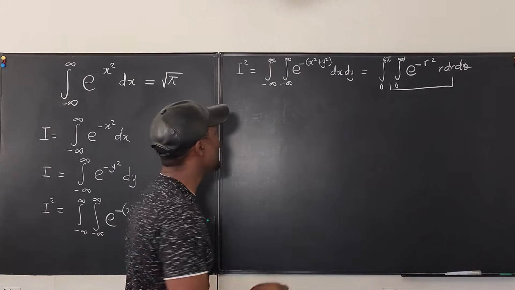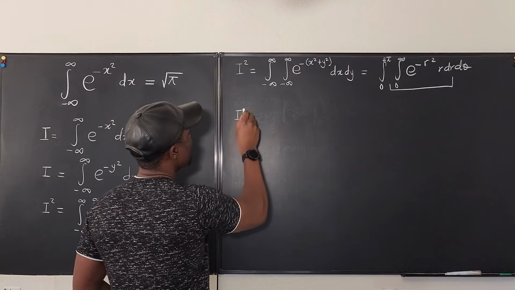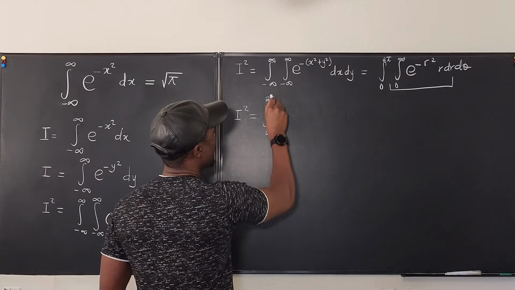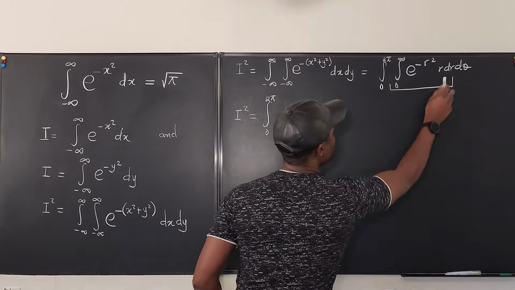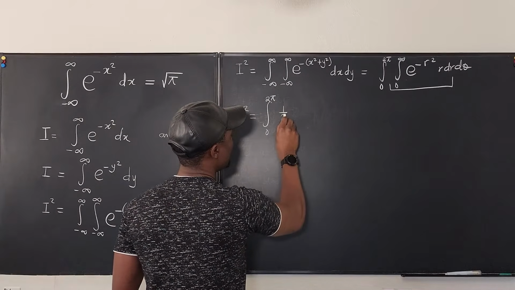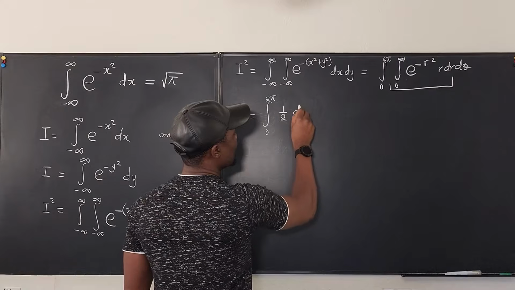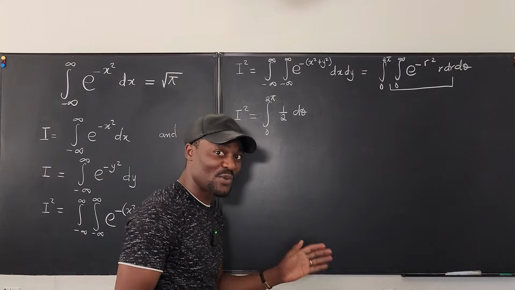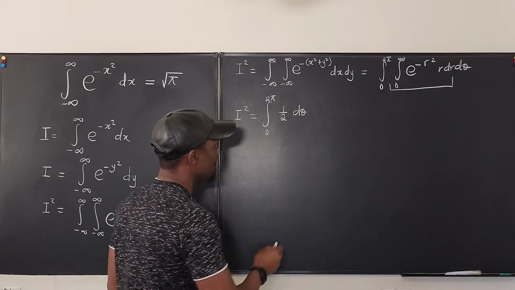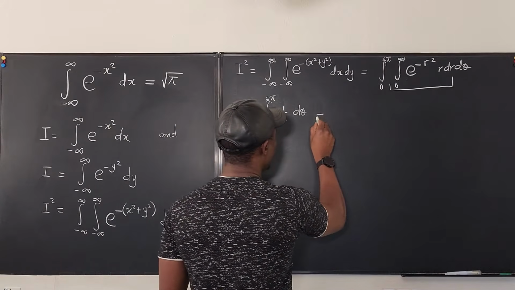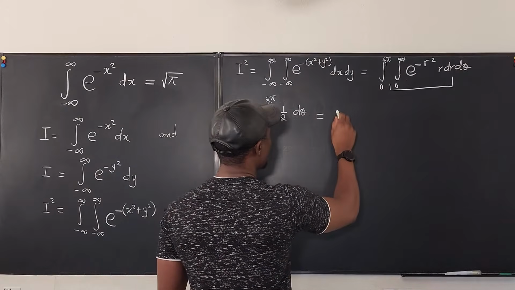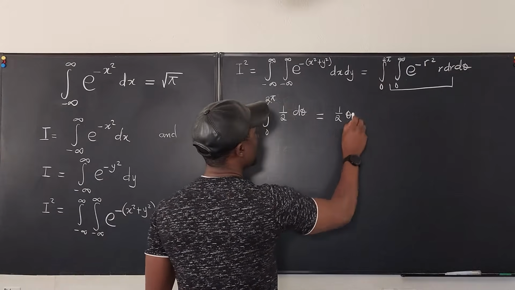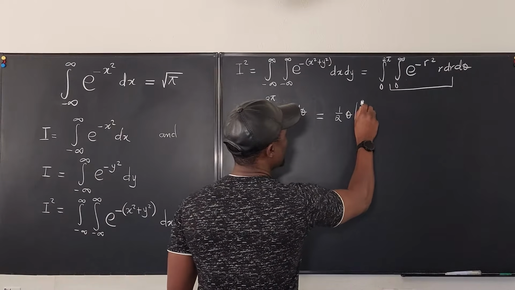So we can continue and say that I squared is equal to the integral from 0 to 2 pi of what is inside here, which we said was 1/2, d theta. Isn't this so easy to do? See, the more complicated one is already gone. Now let's integrate this. This is equal to 1/2 of theta evaluated from 0 to 2 pi.